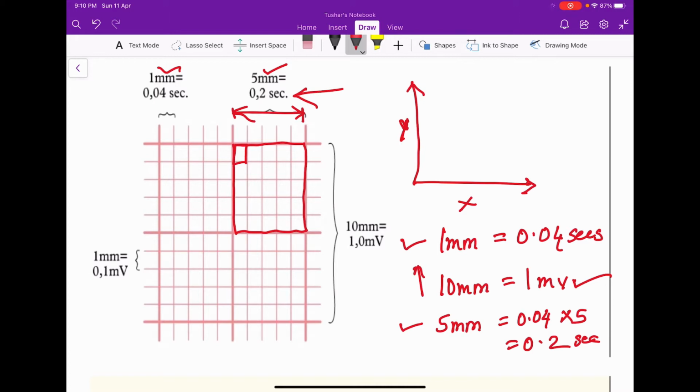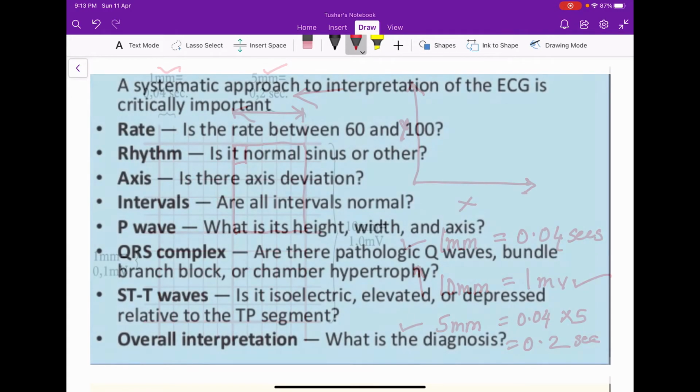This will help us in further measurements, calculation of the rate, and looking at the rhythm of the ECG. So this constitutes the basics of an ECG. Once you understand this, we'll move further.